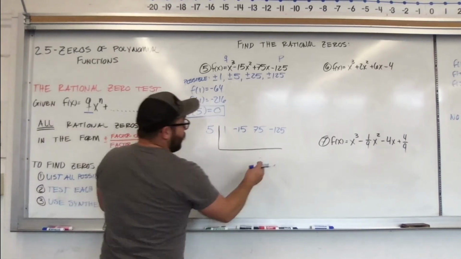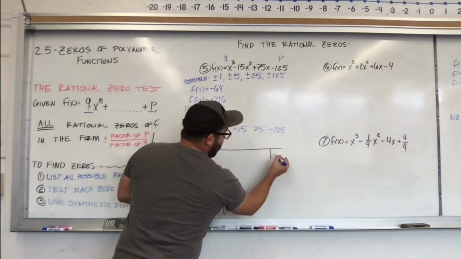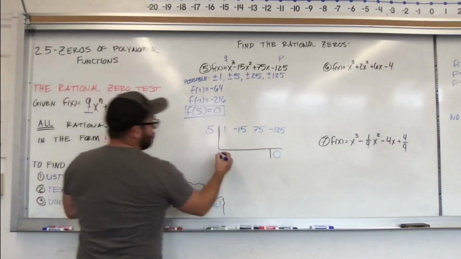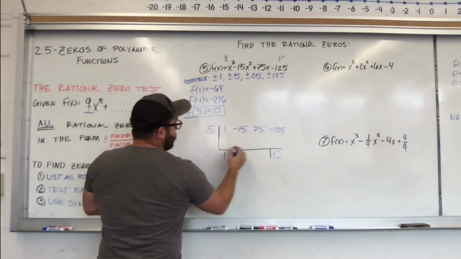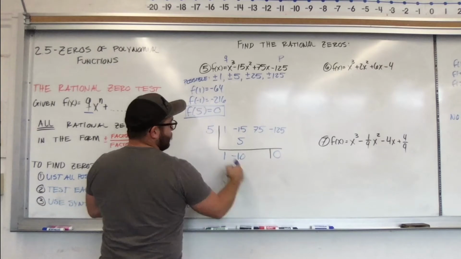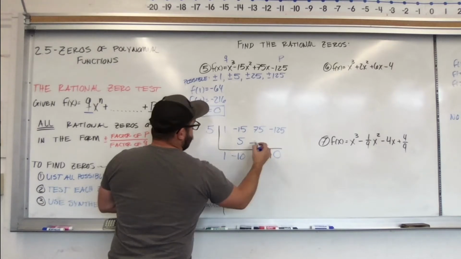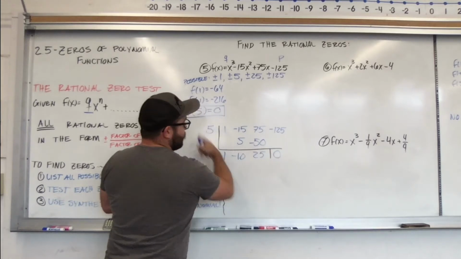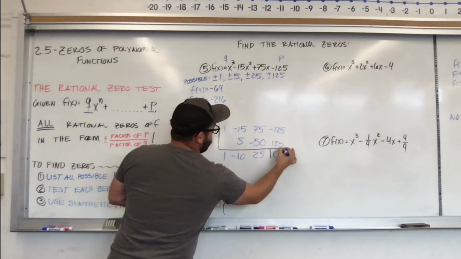In fact, we already know the remainder has to be 0 because we just found out f of 5 is 0. So we'll bring down the 1, 5 times 1 is 5, add it, negative 10. We'll get negative 50, add it, we get 25, and we would get 125.